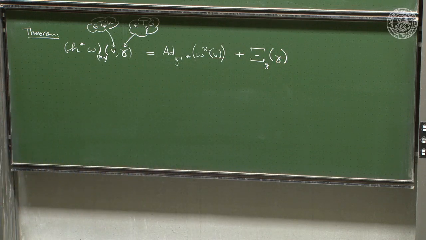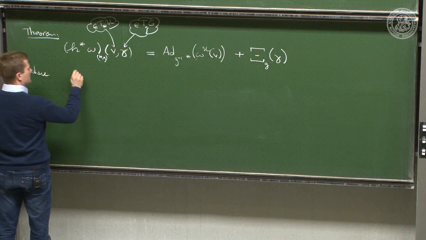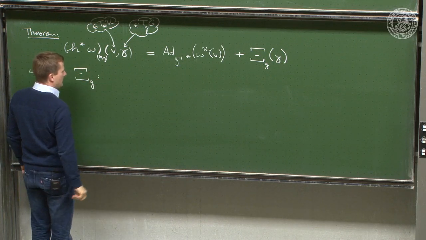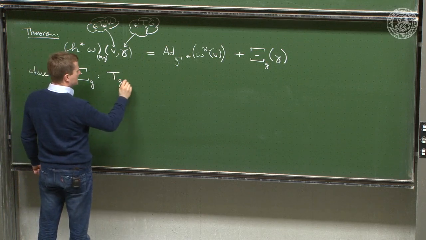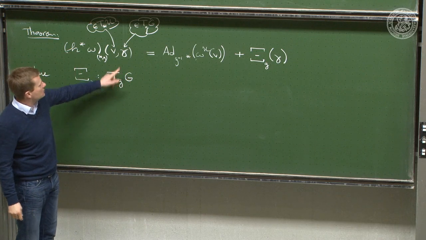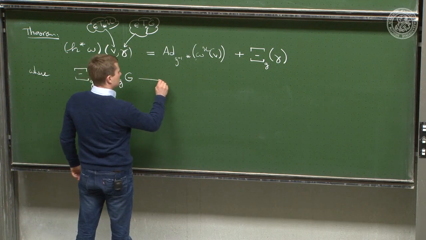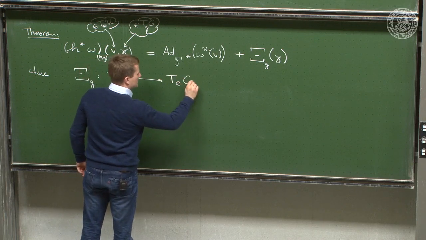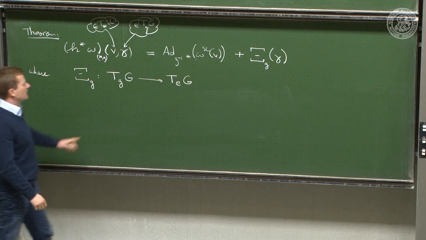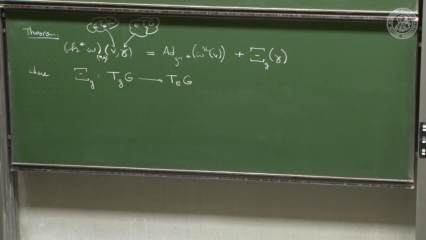And I need to tell you what this object is, where this capital Psi G is a map that takes you from TGG, so from the tangent space to the group at the point G. Well, it better does because it eats this guy. It takes you to the tangent space at the identity, so that is what we usually think of as the Lie algebra.